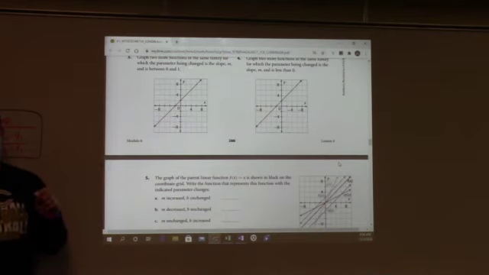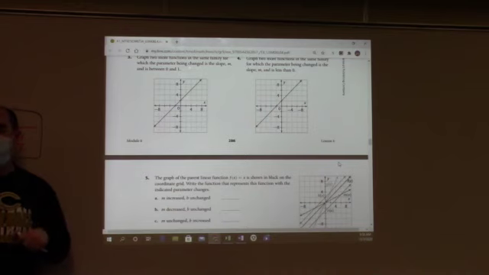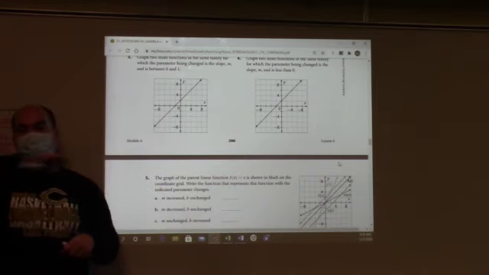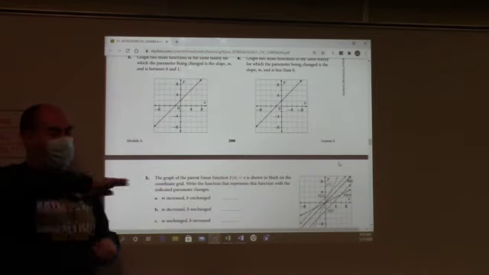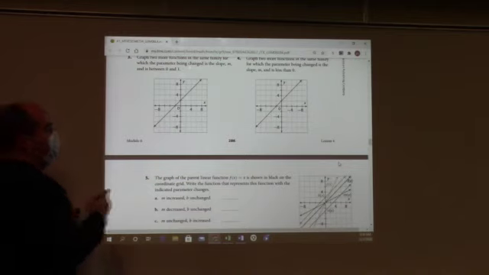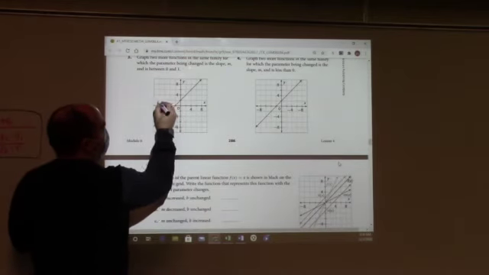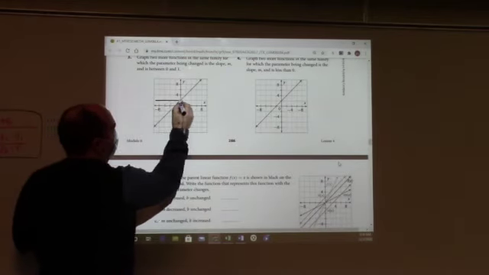What does the line look like if I have a slope of 0? What kind of line is it? Flat. All lines are straight. What does this mean? Horizontal. You gotta have a word for that. Okay, horizontal. So a 0 slope would be horizontal like this, right?